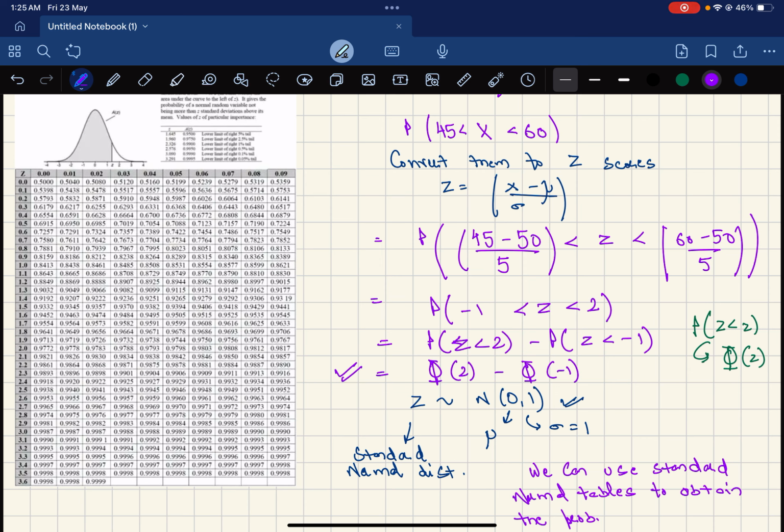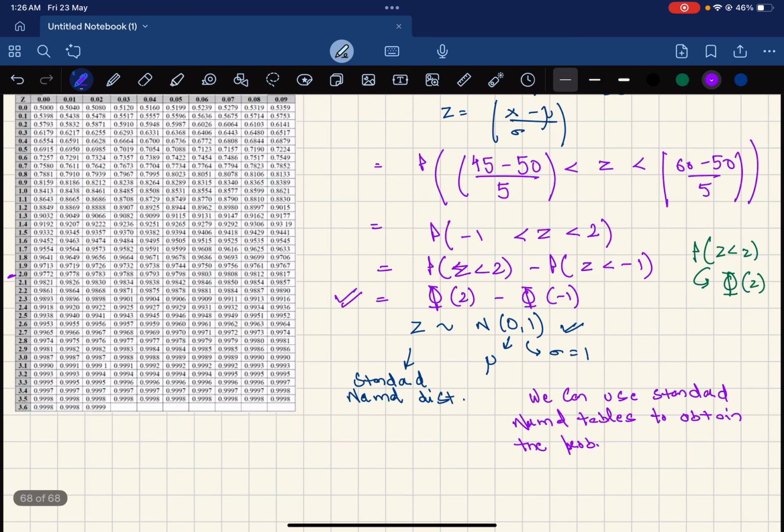For z equal to 2, we look at this particular row, which shows the value for z equal to 2 as 0.9772. We look at the first column because we are looking at 2.0. This particular table gives the value for P(Z less than z), and therefore we get P(Z less than 2) as 0.9772.